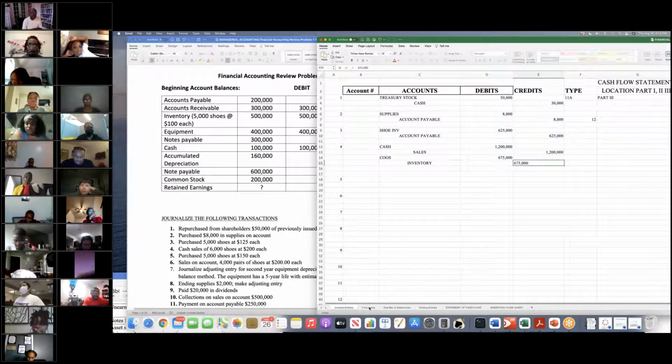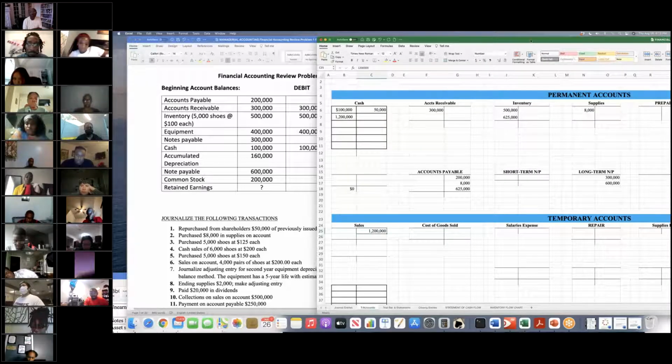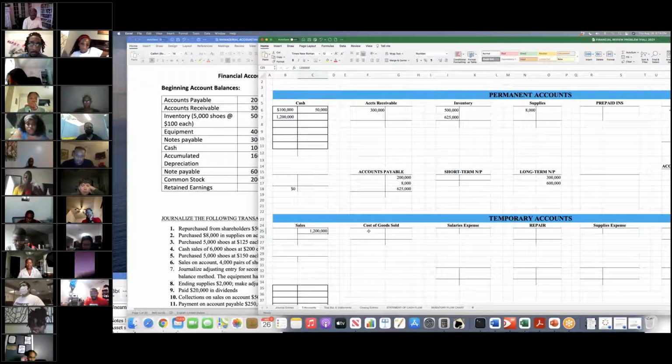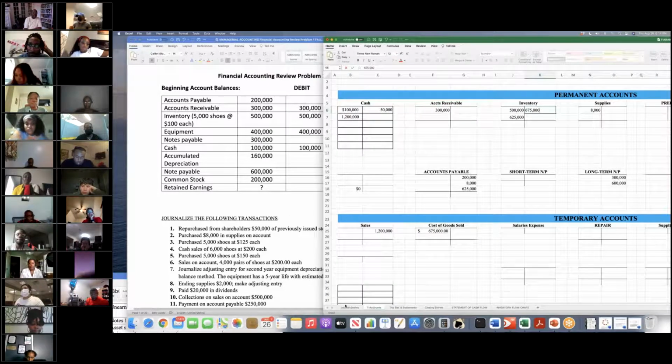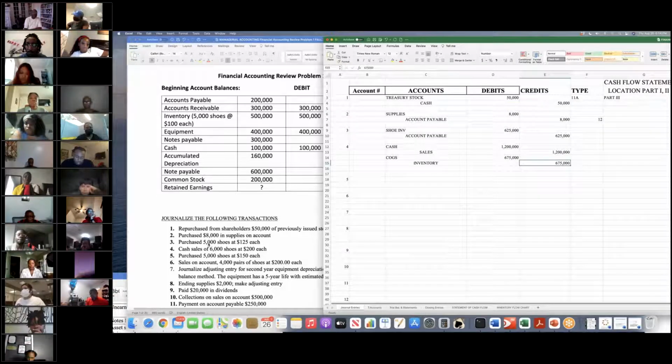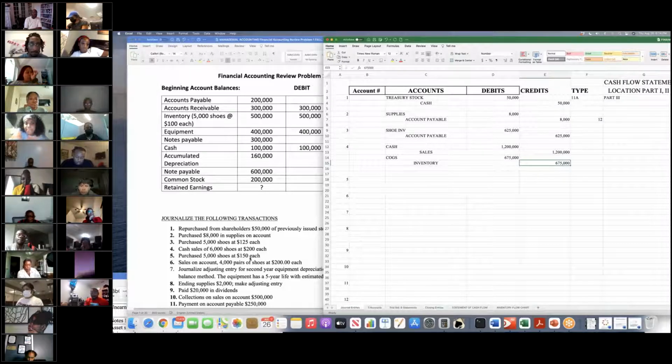Then we got to post this. So cost of goods sold, let's debit 675, and inventory is credited 675. Okay. Then what's our next transaction? We purchased 5,000 pairs of shoes at $150 each.